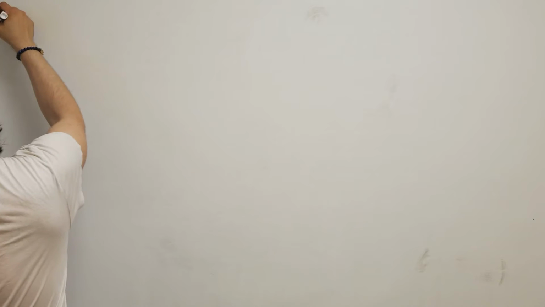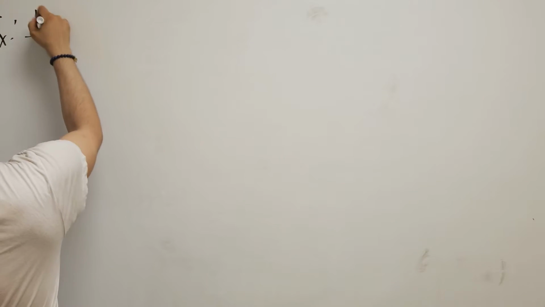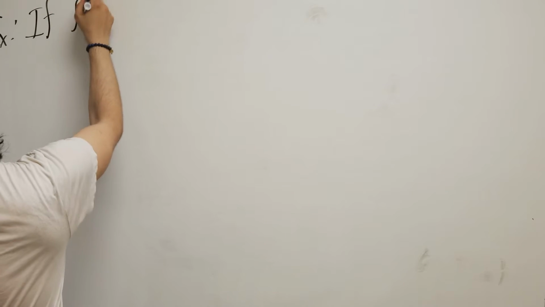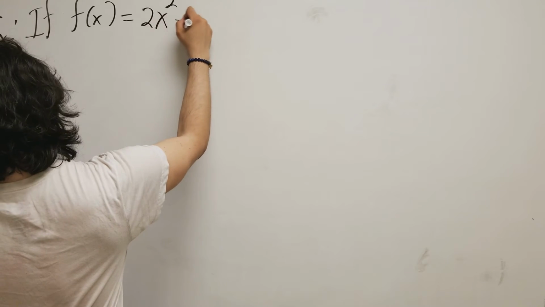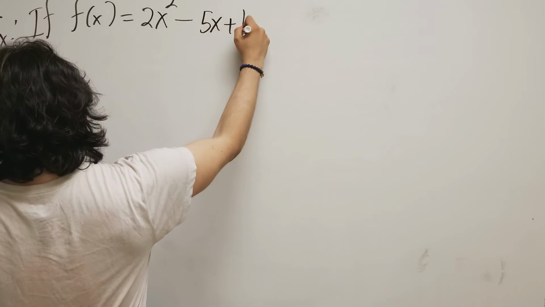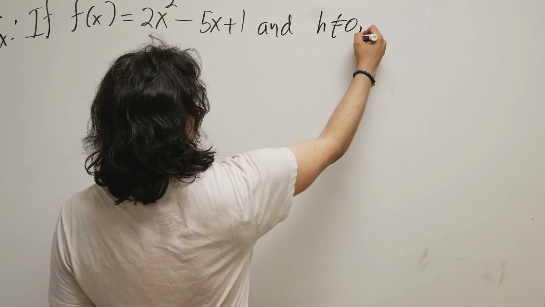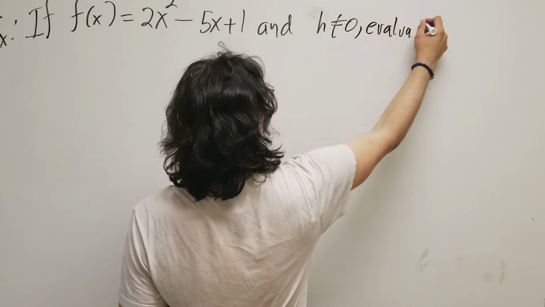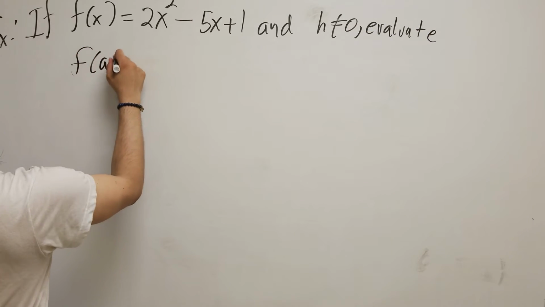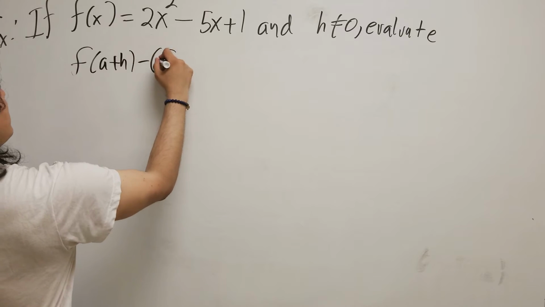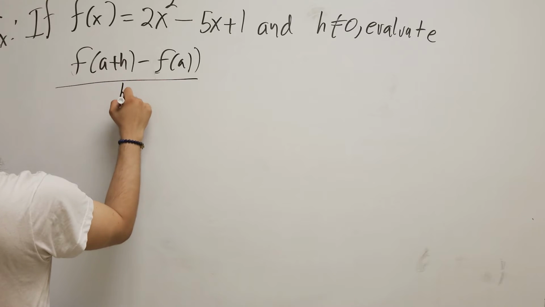So let's say we have this example here. If f of x is equal to 2x squared minus 5x plus 1, and h is not equal to 0, then we're going to evaluate f of a plus h minus f of a, all over h.